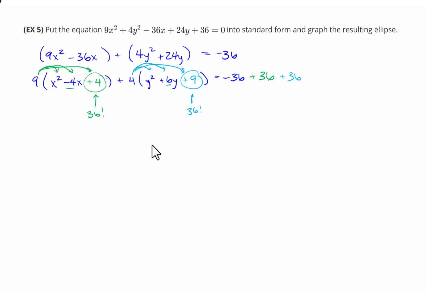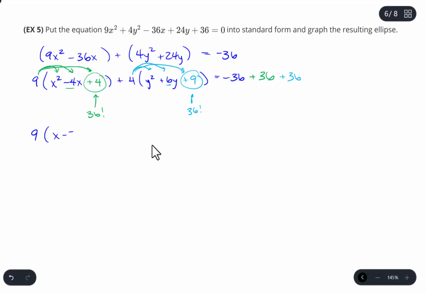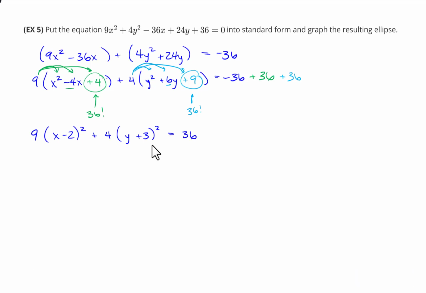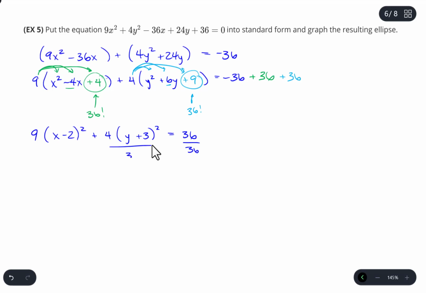Alright, so once that's done, I now have 9 times (x minus 2) quantity squared plus 4 times (y plus 3) quantity squared, and this adds up to just 36. And lastly, what I need to do is divide everything through by this constant value over here, because in standard form we always have the ellipse set equal to 1.